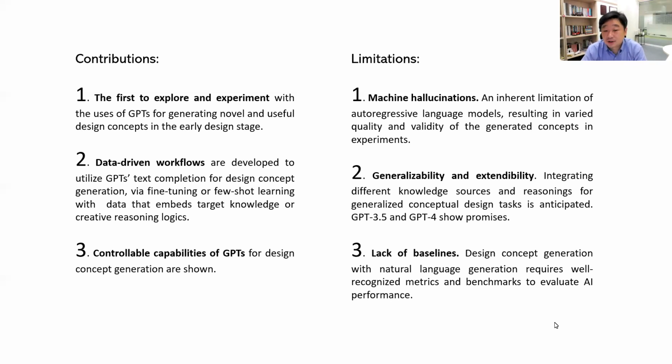That machine hallucination problem is very typical for autoregressive language models. Hopefully through more experiments in the future, as we improve the controllability of those GPT models for design concept generation, we can reduce the machine hallucination problem for design concept generation purposes.